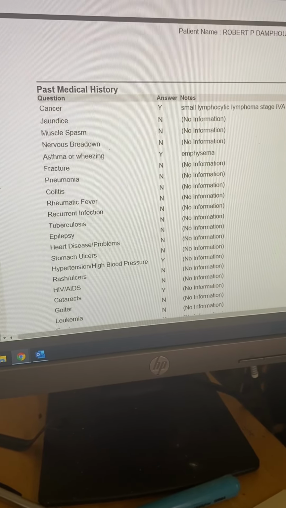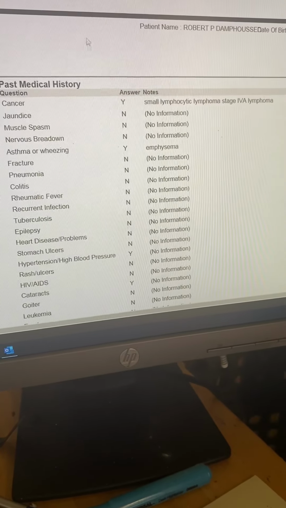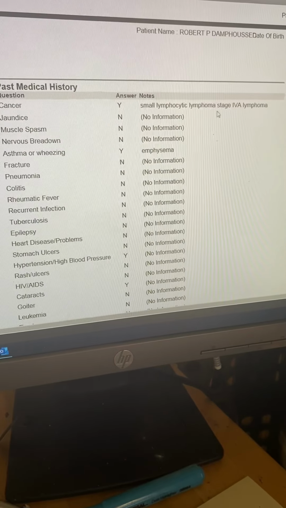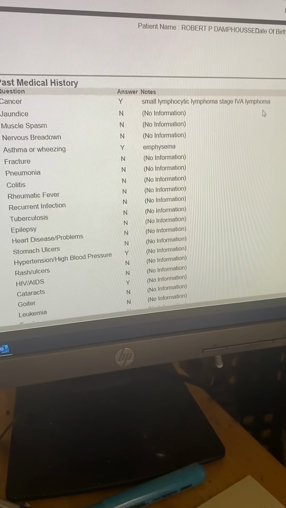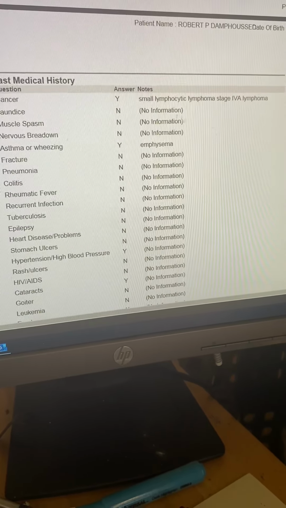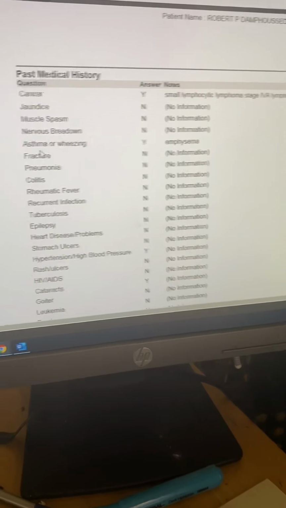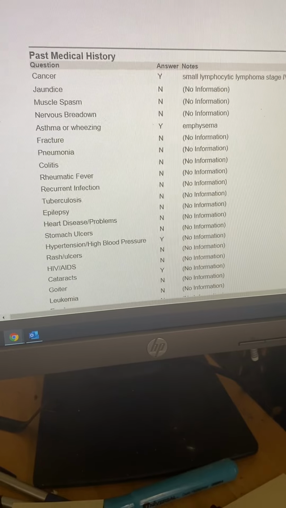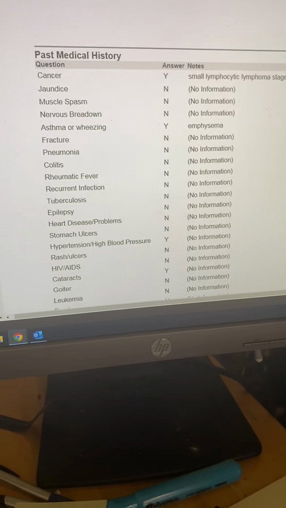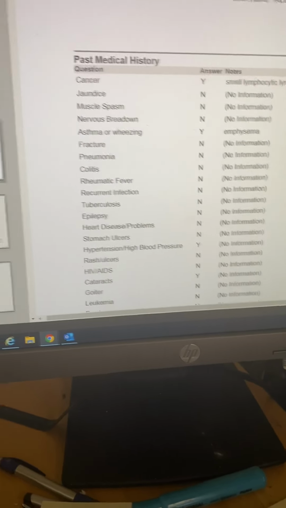I would have to look up the cancer code because you see it's telling the stage of cancer, and I want to be absolutely correct. So I would look that up after we're done with this video so I can get the correct code. But I know what the asthma code is, and to show you that I know what I'm talking about, let me show you.